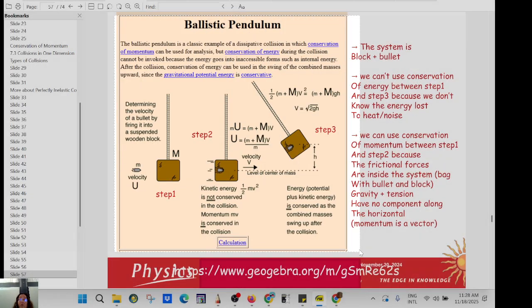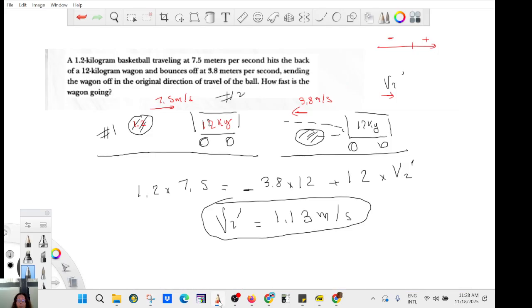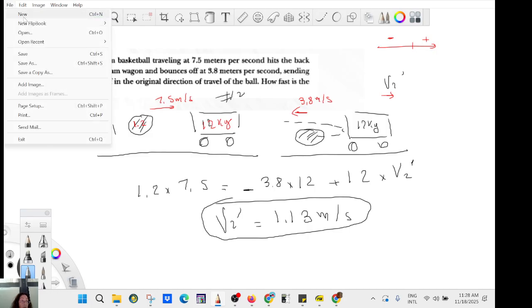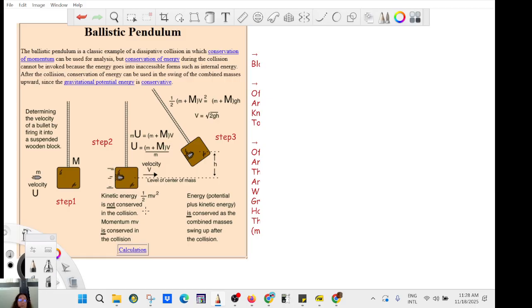So if you go to YouTube, you still find people who know how to use them. It's called a ballistic pendulum. So I'm going to go from step 2 to step 3. This is conservation of energy.